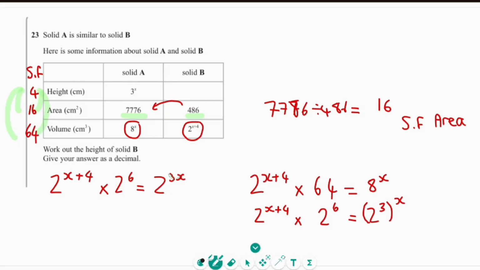Now, when you're multiplying powers and the base is the same, we just add our powers. So we can add together x plus 4 plus 6. Now we have them both as a single power of 2. We can put the x plus 4 plus 6, which is x plus 10, equal to 3x.